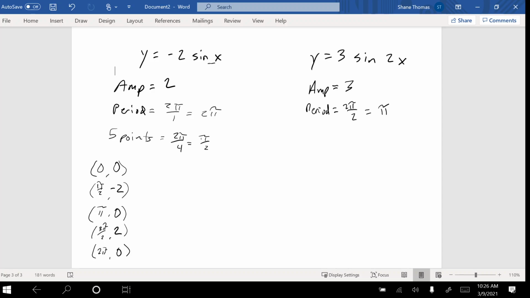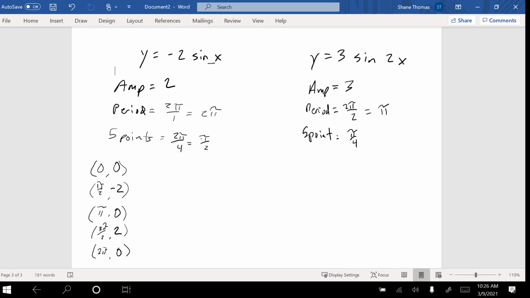Okay. My 5 points, I take the period, and I divide it by 4. So it's just going to be pi over 4, right? Now, if I add these up and find those 5 points, I go every quarter period, I should finish at pi, right?